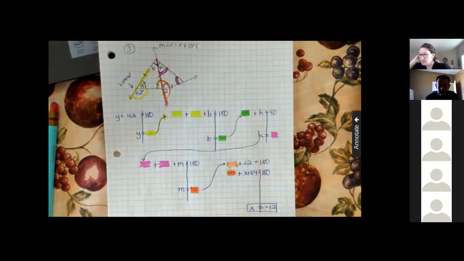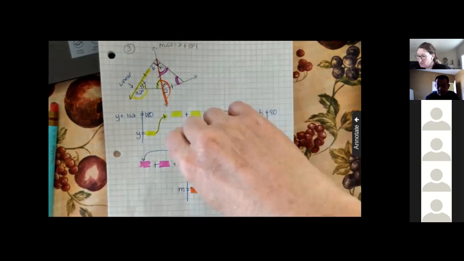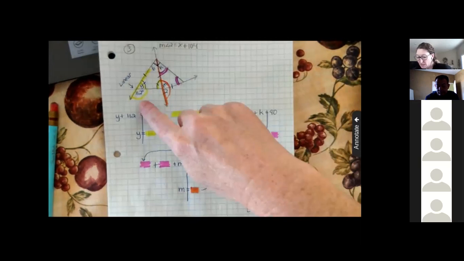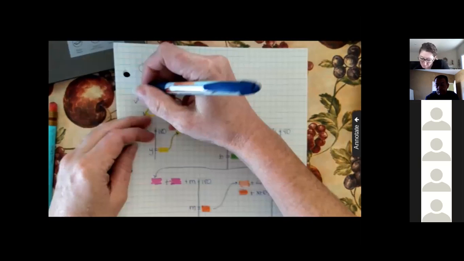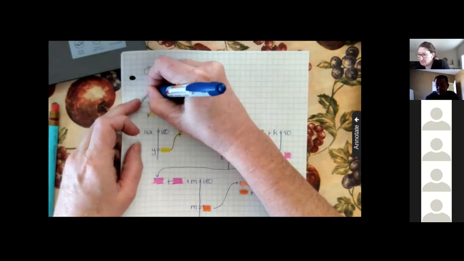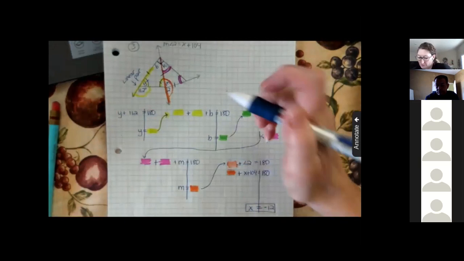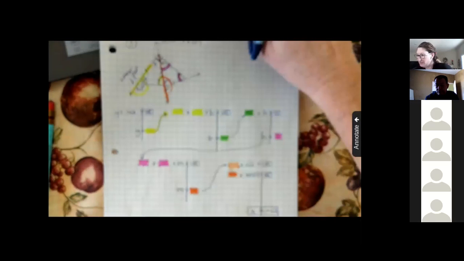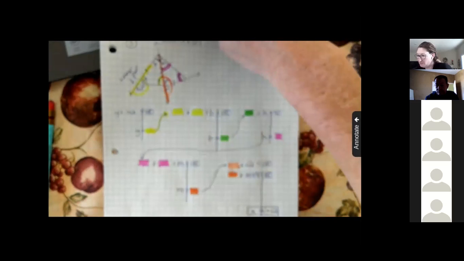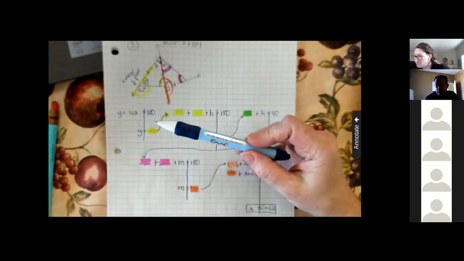I also say avoid using L or I because those start to look like ones. Anyway, this is a linear pair. If I take y plus 112 and add it together, I should get 180. I think it's focusing.